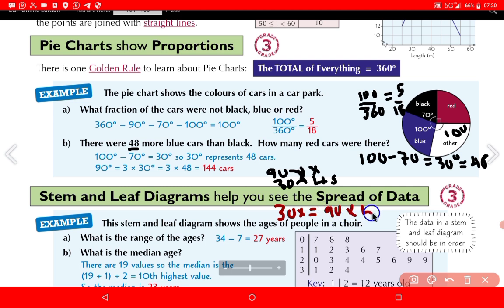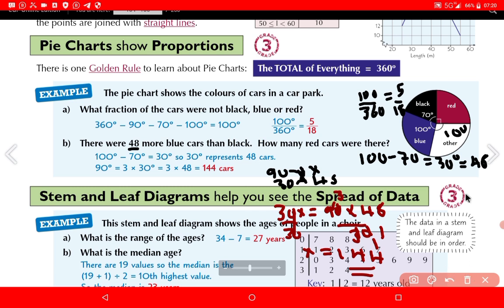You can divide by 30, so x will be 3 times 48, you get 144 cars. So that is how you work out certain things under the pie chart.